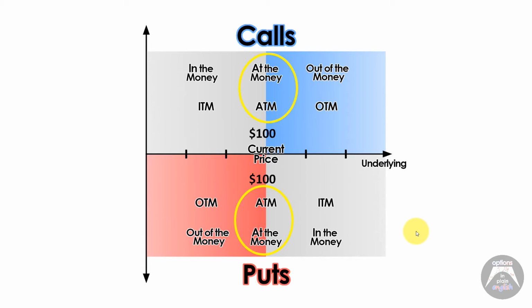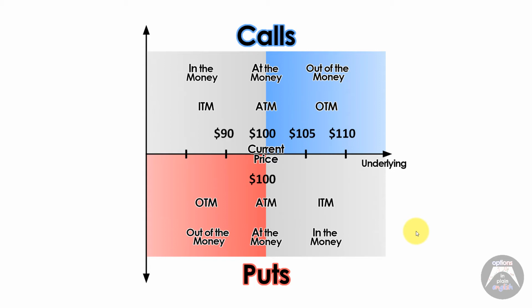Now for calls, if we have strike prices of 105, 110, and further, those would be considered out of the money calls. So 105, 110, 115, and so on and so forth. Anything that's higher than the current price is out of the money.